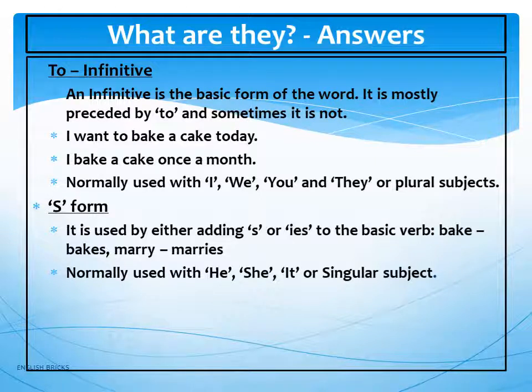I don't know which it marries, but it marries. And then let's say a singular subject, Mahesh Babu marries. Alright. So these are the two, and we normally use these for the present form, the present tenses. Is that clear? Good. So let's learn about the others now.